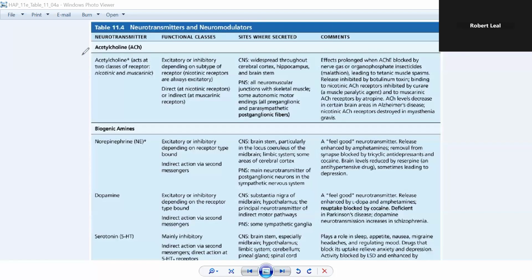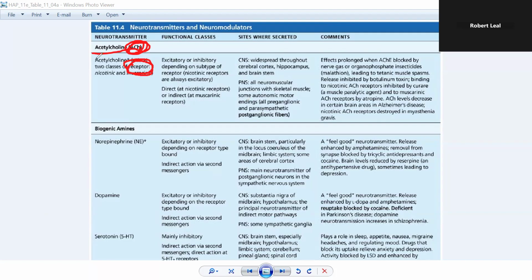So remember, it's the receptor binding the chemical that tells me what happens. Think of a key to a lock, where the key is the chemical, the neurotransmitter. Maybe one key opens one door, but at another door it doesn't open it, it closes it.